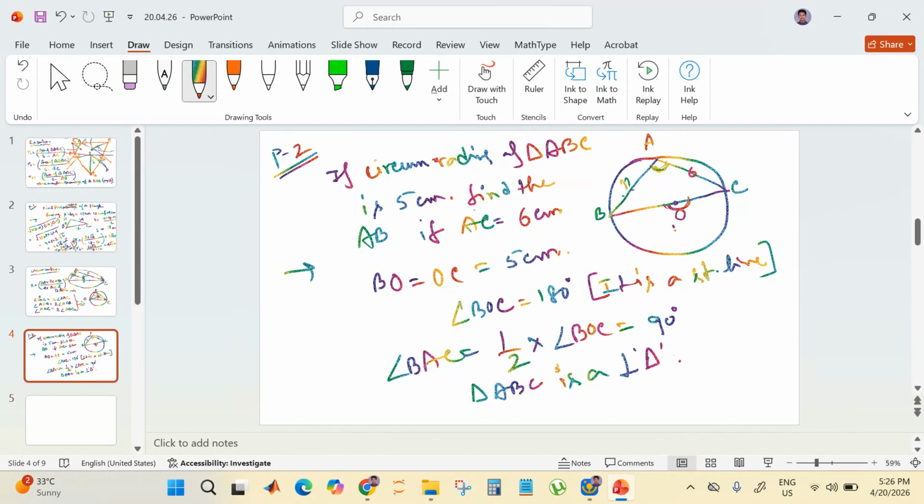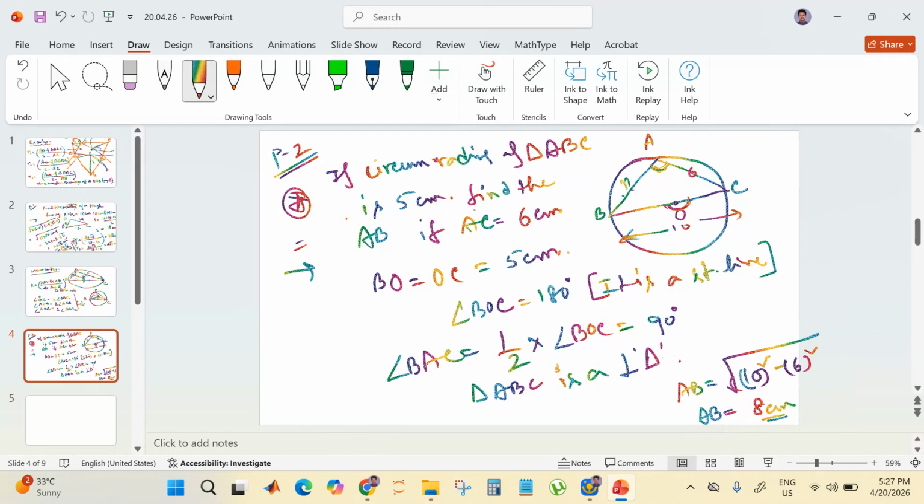Using the Pythagoras theorem, AB square plus AC square equals BC square. So AB equals root of BC square minus AC square, that is 100 minus 36, that is 64. Root 64 is 8 centimeter. AB equals 8 centimeter. That's a very very important problem. This type of problem is frequently asked in exams.